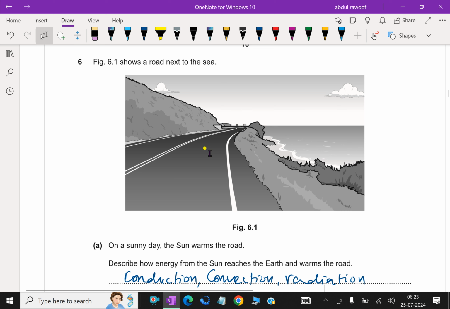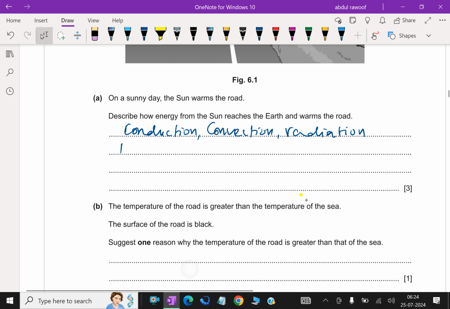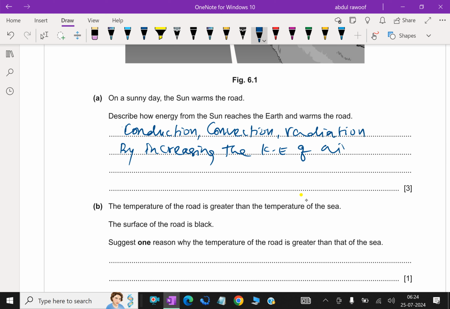As well, radiation means vibration of the molecules and increase in kinetic energy. That means by increasing the kinetic energy of the air molecules, heat is transferred.